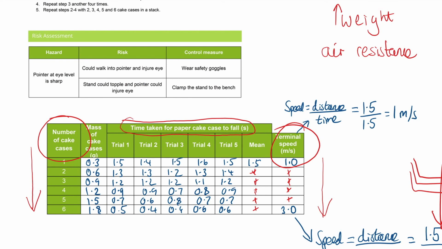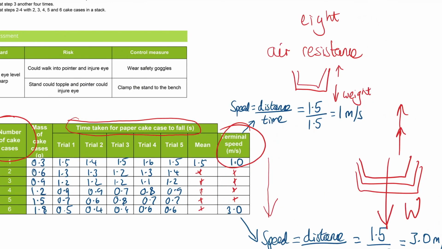However, because the surface area remains the same, the air resistance acting up on the cake case needs to be larger to balance out the weight force acting down. Therefore, the larger the number of cake cases, the larger the weight and the higher the terminal speed.